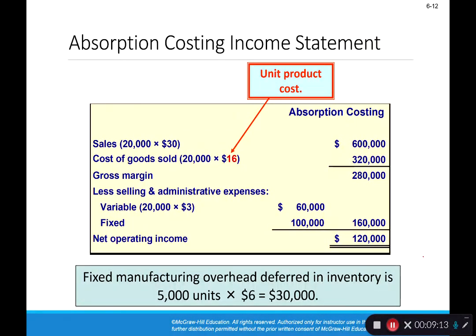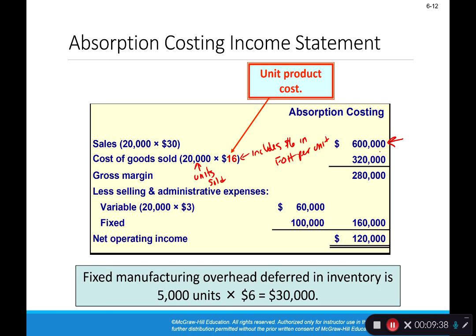Under absorption costing, we're going to have the same sales as I already mentioned, but now our cost of goods sold is going to be the 20,000 units sold times the absorption unit product cost, which includes $6 in fixed overhead per unit.